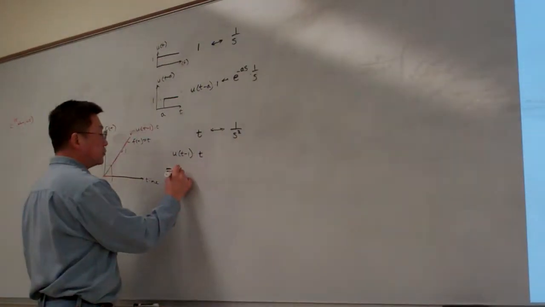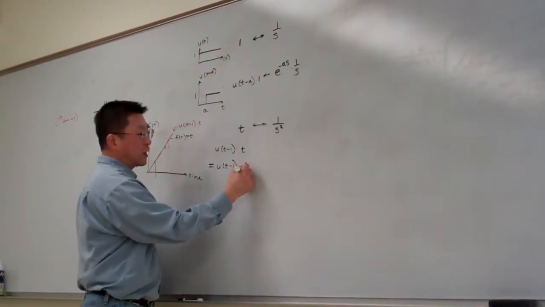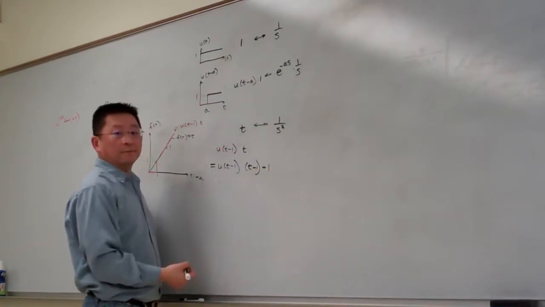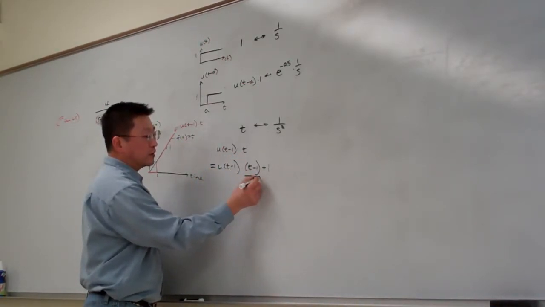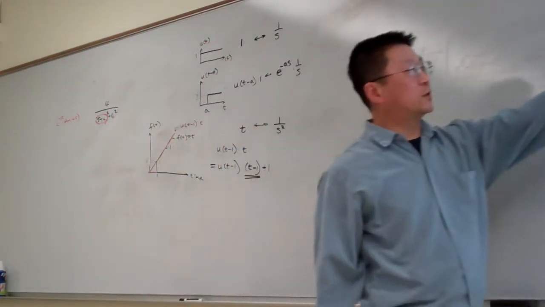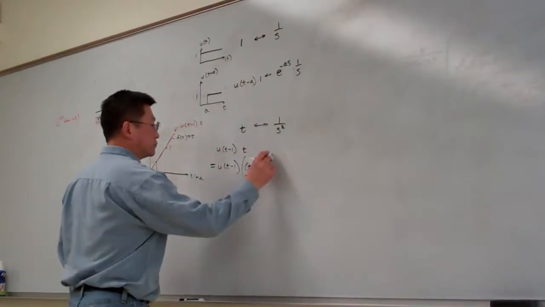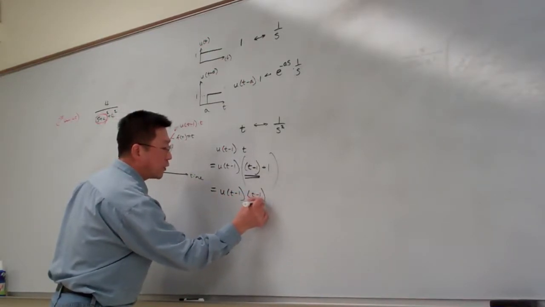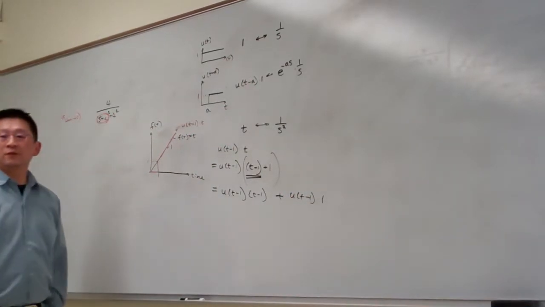So you have to convert u(t minus 1) multiplying this function into t minus 1 plus 1, because t equals t minus 1 plus 1, and we put it in this form because we want to fit into the tables here. So basically we split into two forms: u(t minus 1) times (t minus 1), plus u(t minus 1) times 1. Two forms.